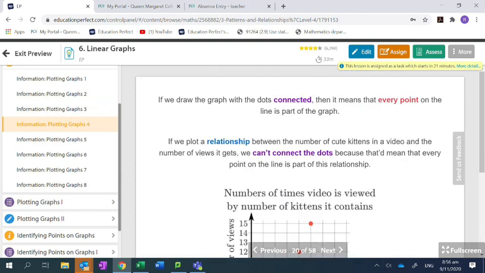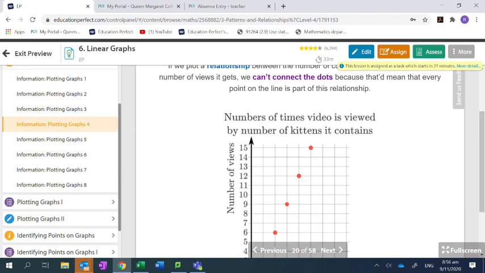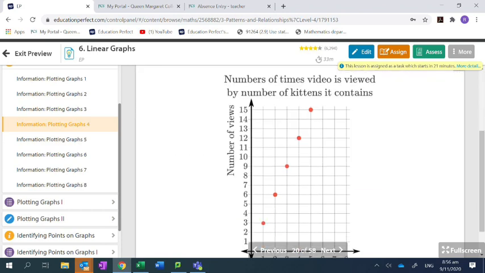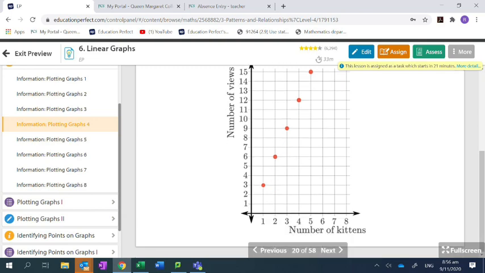So if you draw a dot with the connections, it means every point on the line is part of that graph. If you plot a relationship with kittens in a video and the number of views it gets, you can't connect the dots. Can you have half a cat? No. And if you view a video, you've either viewed it or you haven't.